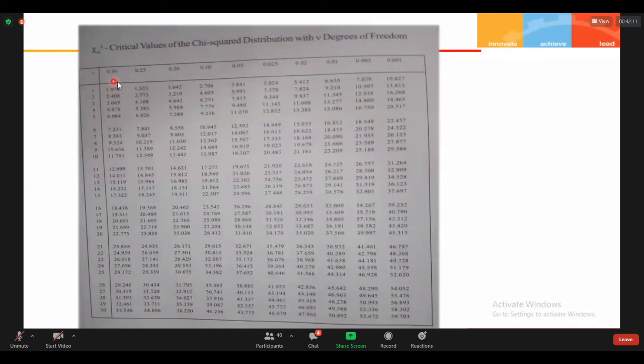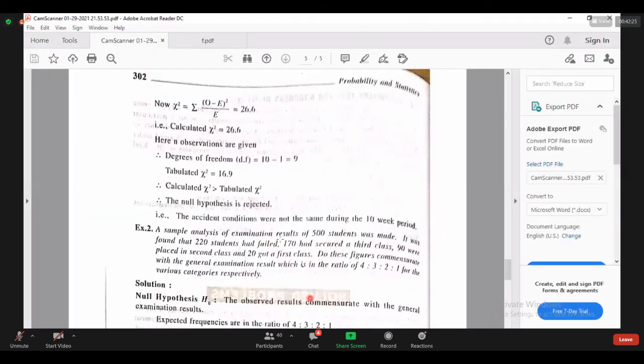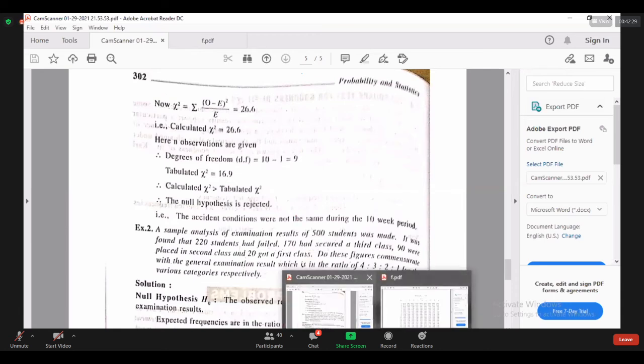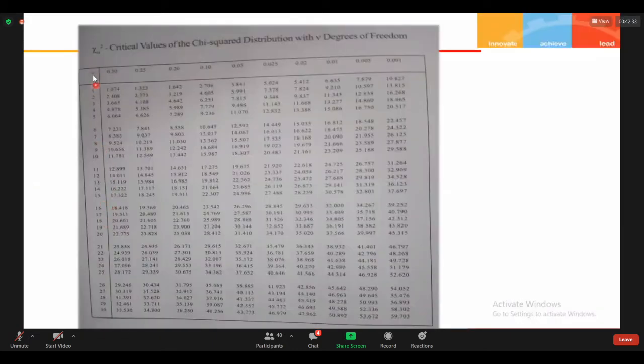In the first row, there is the level of significance. See here, 5% level of significance, 0.05. And what is our degrees of freedom? 9 degrees of freedom. See here, 9 is there. The first column indicates the degrees of freedom.